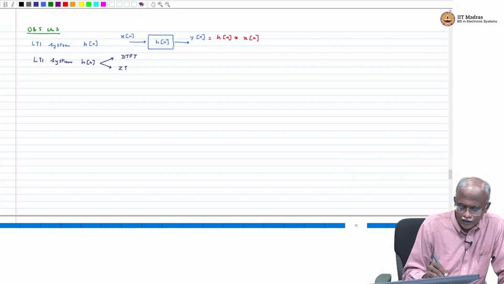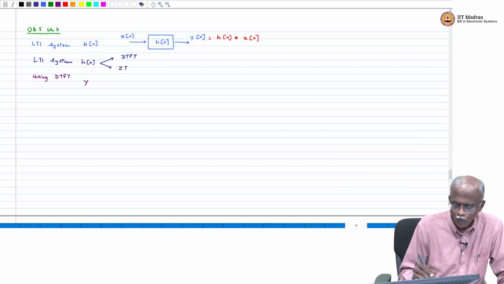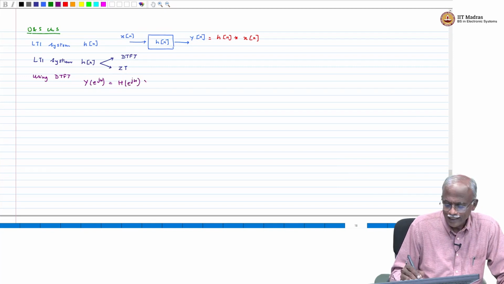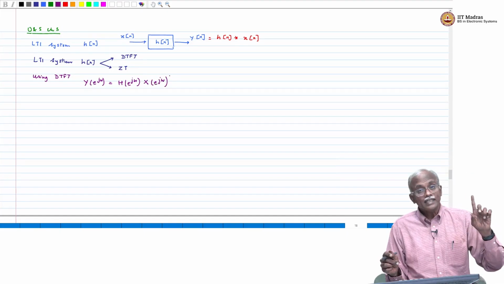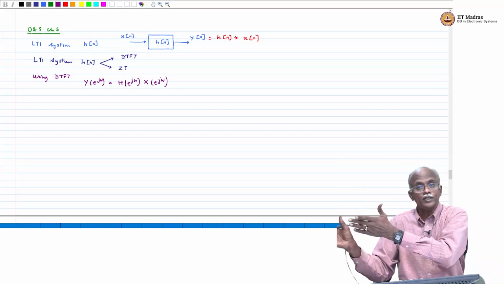So using the discrete time Fourier transform, the fundamental relationship is Y e of j omega equal to H e of j omega, the convolution property being used, times X e of j omega. Now in chapter 2, we looked at X e of j omega by itself, we looked at H e of j omega by itself.